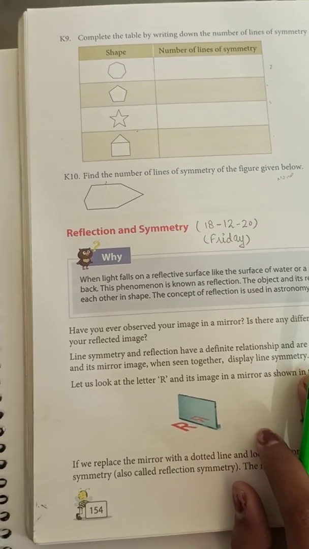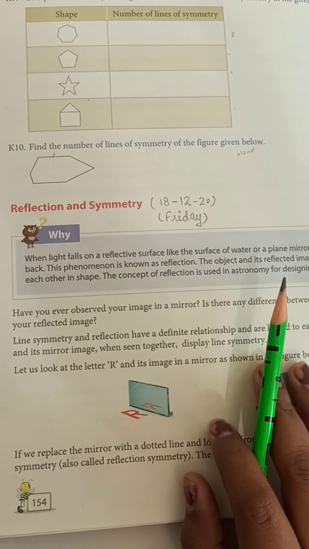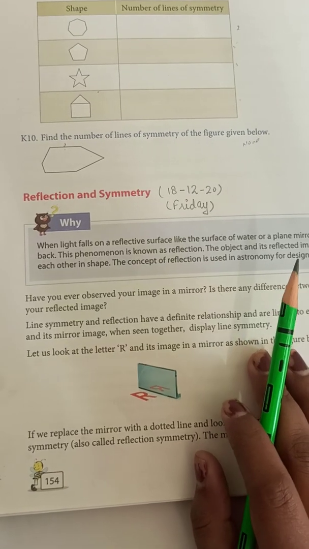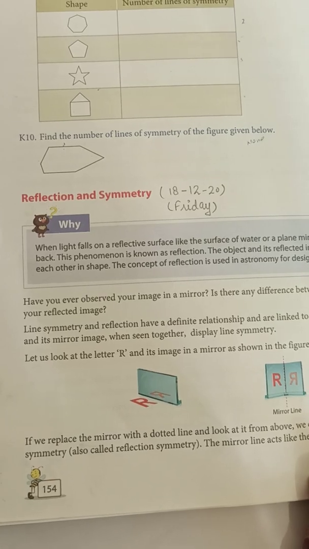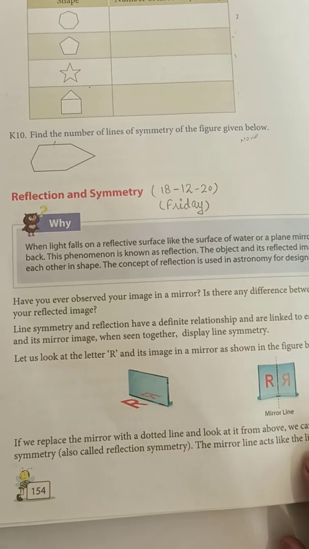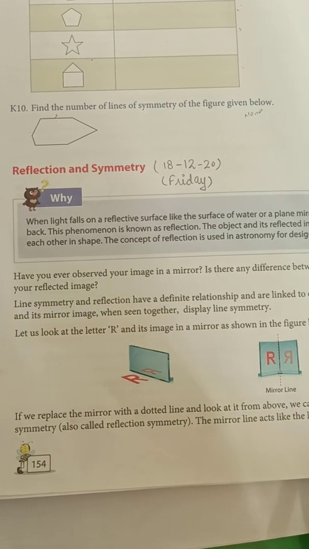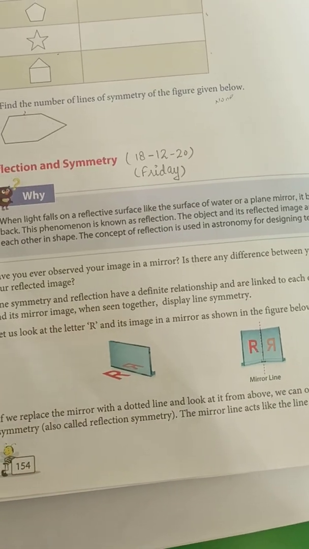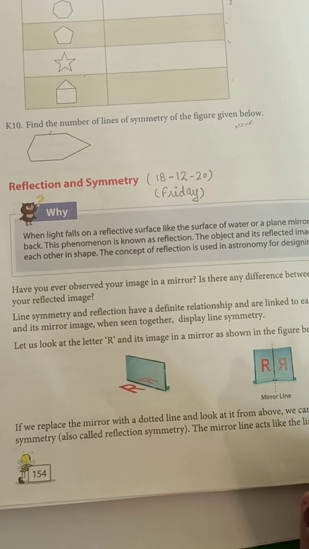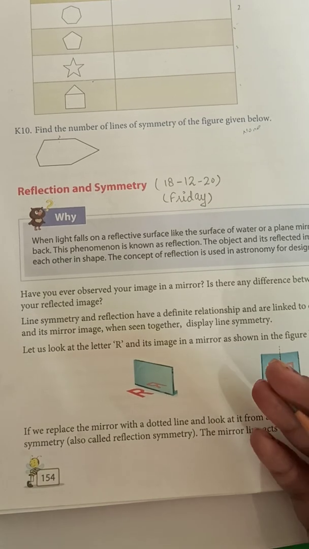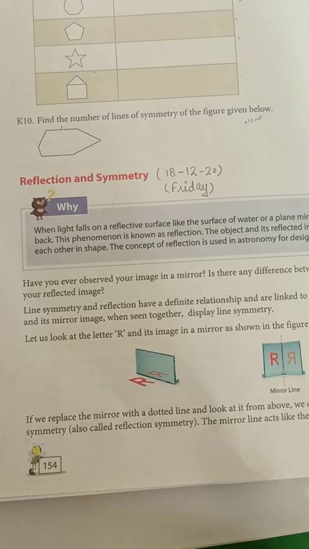Now, today's topic is new for you all, that is reflection. Reflection you have studied in science also, and the same meaning stands in math also. What is reflection? When light falls on a reflective surface like water or a plane mirror, it falls back, that is, it returns, it goes back.